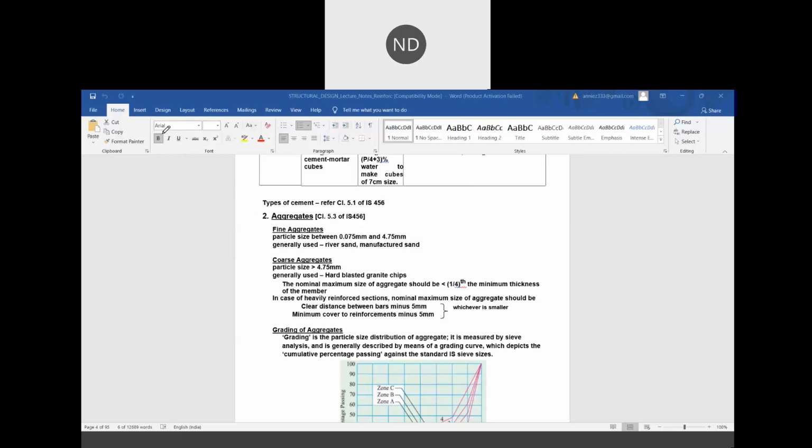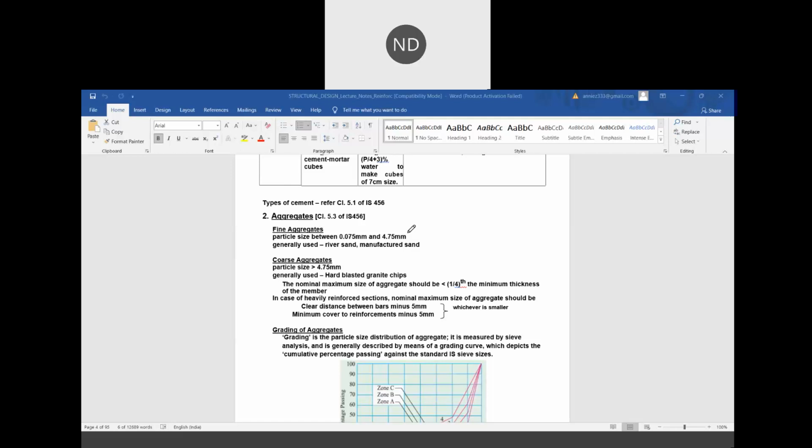So what happens? You have this minimum thickness, so the maximum will be how much? One-fourth of the minimum thickness. Suppose we have taken 18 mm. So this will be your maximum size of the aggregate which you can take without difficulty. So that is mentioned in your IS code.